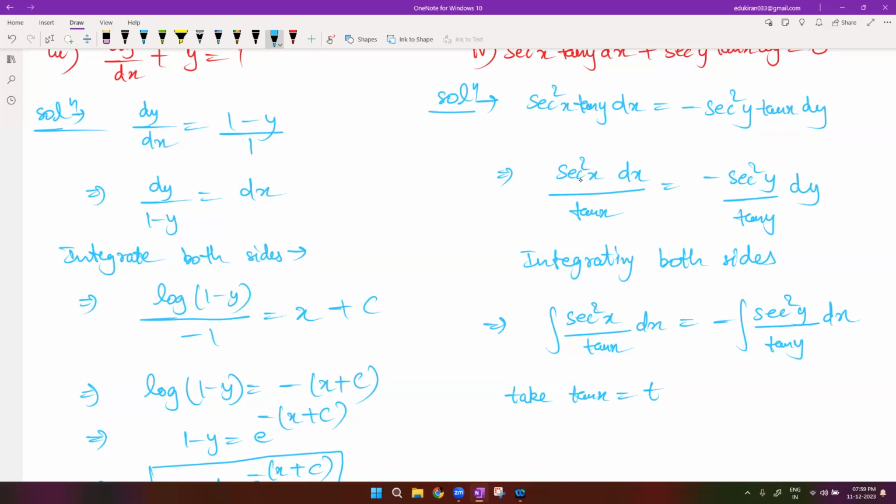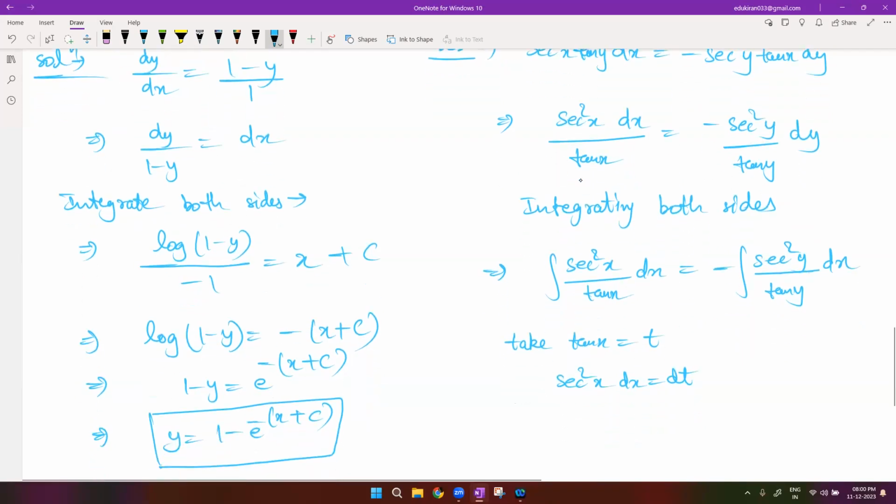If you take tan x as t, then the differentiation of tan x is sec square x into dx, which will be equal to dt, which is your numerator part. Similarly, you can take tan y as z. In that case, sec square y into dy will become dz, right?